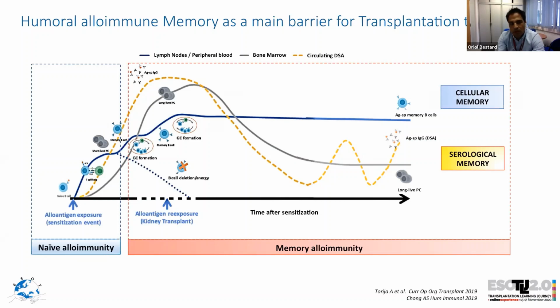They will start releasing donor-specific IgG antibodies, which will remain in the bloodstream for a very long time, or they may also fluctuate over time, as you can see here in this slide.